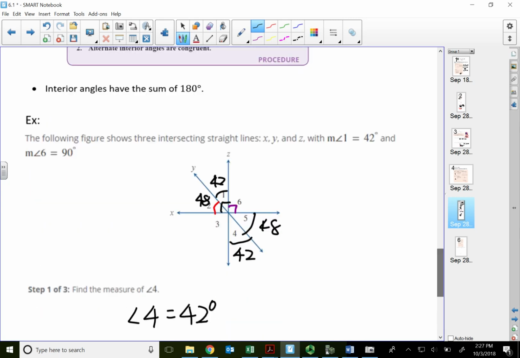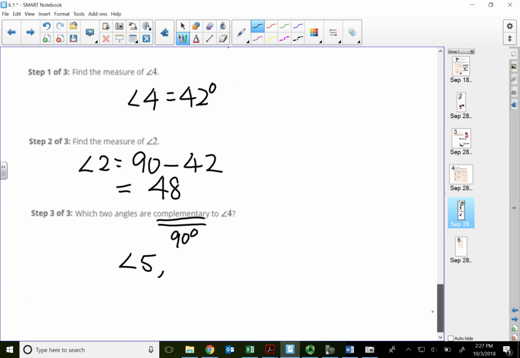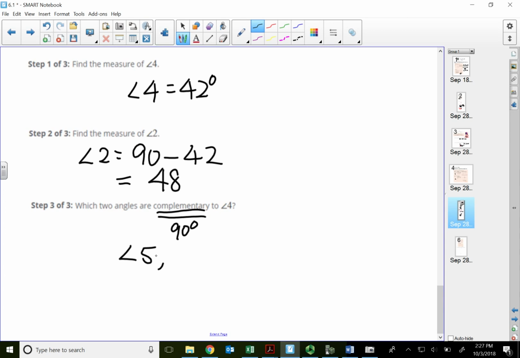Since angle 4 is the same as angle 1, and angle 1 is complementary with angle 2, angle 4 is also complementary with angle 2 because they have the same measure.